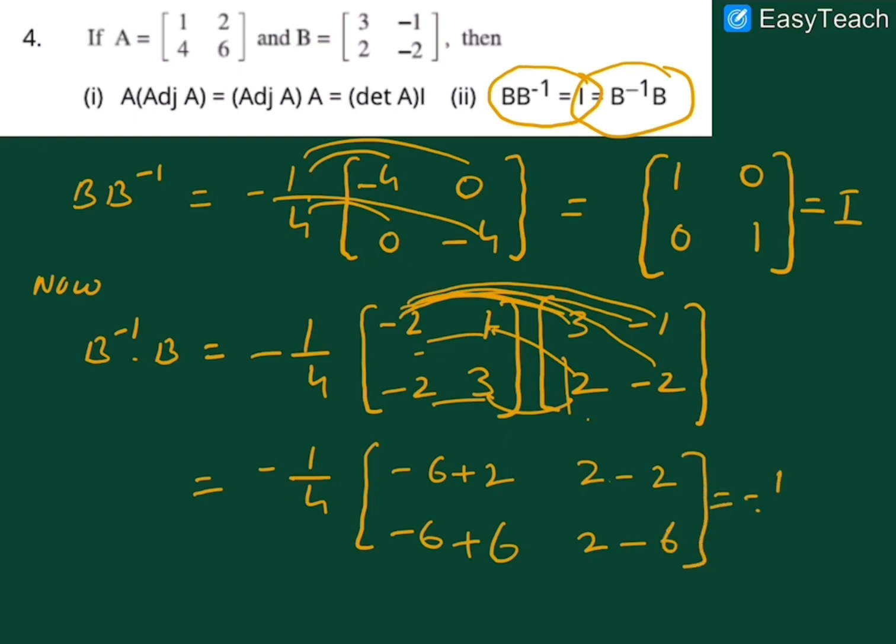So we got -1 over 4 times [-4, 0; 0, -4]. So when you multiply, you will get [1, 0; 0, 1].